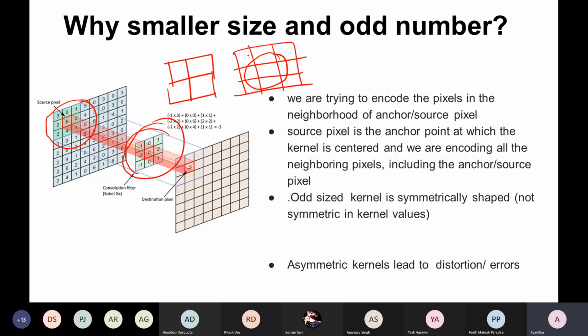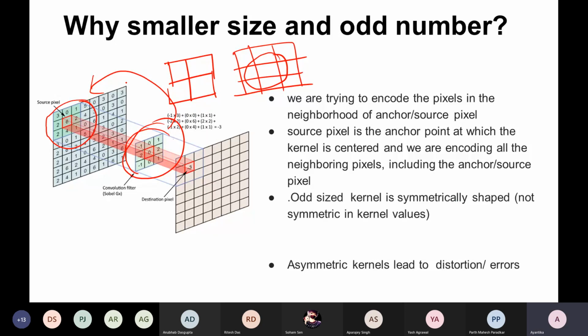The kernel is centered and we are encoding all the neighboring pixels accordingly. So it is better to choose odd numbers for the width and height of a filter. In general, you will see filter sizes of 3x3, 5x5, and so on.